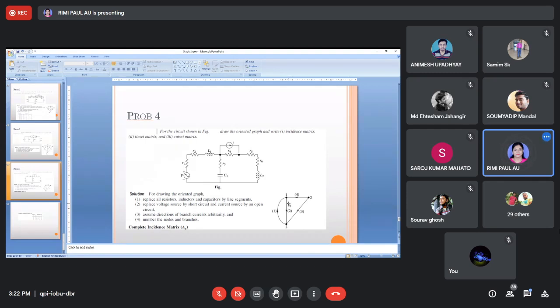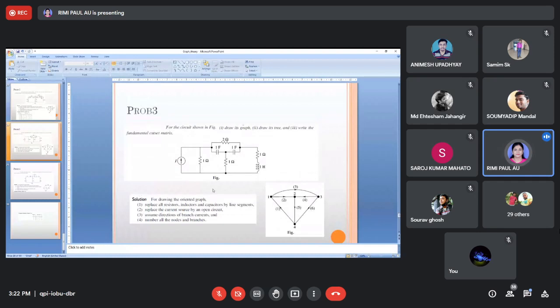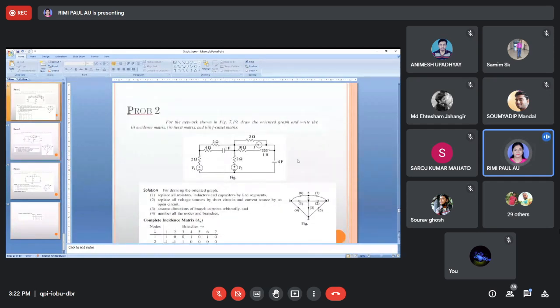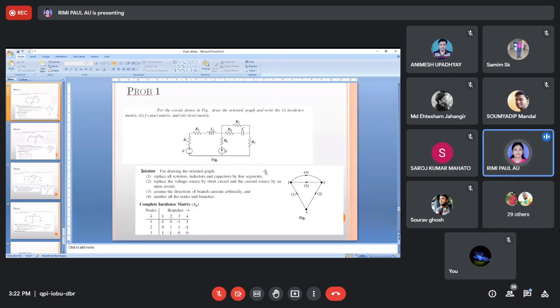Last page. So what is your task? Your task is to take these 4 circuits and complete them. I will upload this video for you, right? So you will take this circuitry and complete the graph, the trees, the number of twigs, that means different trees.